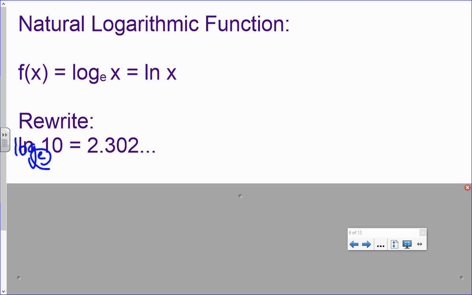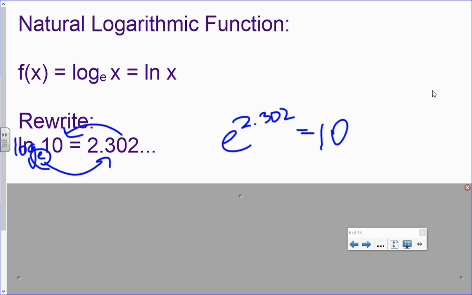So we'd have e to the 2.302 power is approximately 10. Wait, I thought it was 10 to the 2.302 power. Nope, it's whatever the base is. And since our base is e, we have to keep it as the base for the exponent.